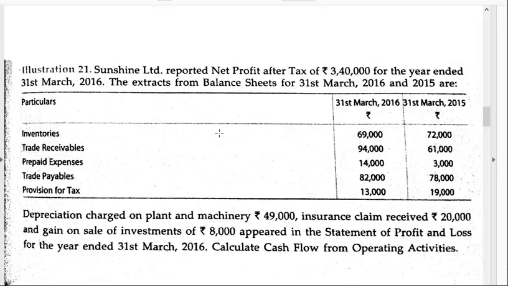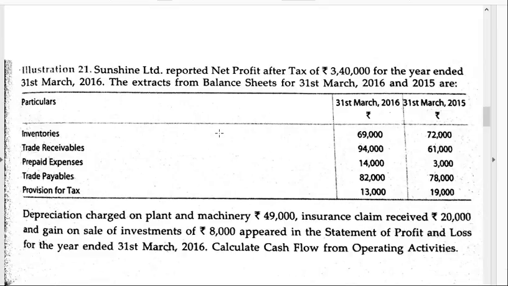There is a tax paid of 19,000. You will say, sir, that is a provision for last year. Why do we create a provision? Because we have to pay that amount in the next year. Last year, 19,000 was created as a provision for tax, because we know that next year we have to pay a tax of 19,000.